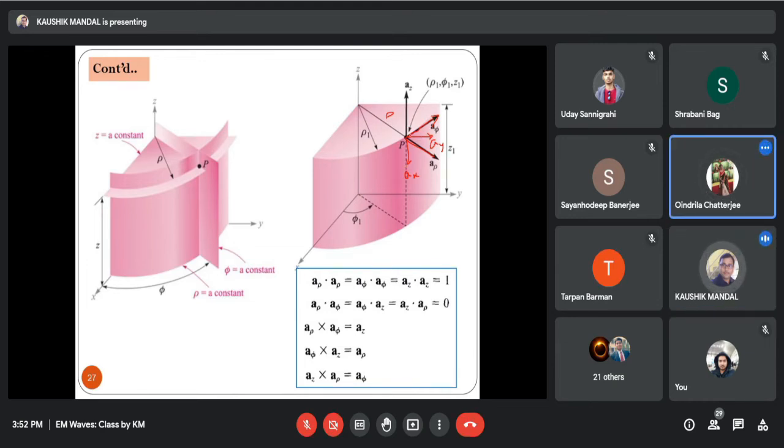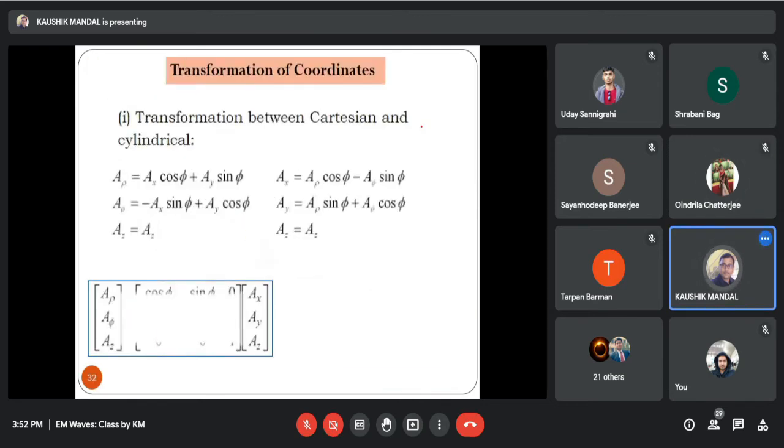Now you see that az is always perpendicular to all these unit vectors. The angle between ax and ay is 90 degrees. The angle between a rho and a phi is 90 degrees. Now we move to the problem.